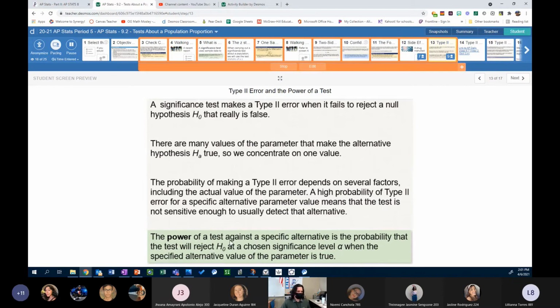The power of a test against a specific alternative is the probability that the test will reject the null hypothesis at a chosen significance level alpha when the specified alternative value of the parameter is true. So the power of the test is essentially the probability that you will find convincing evidence for the alternative when the alternative really is true.